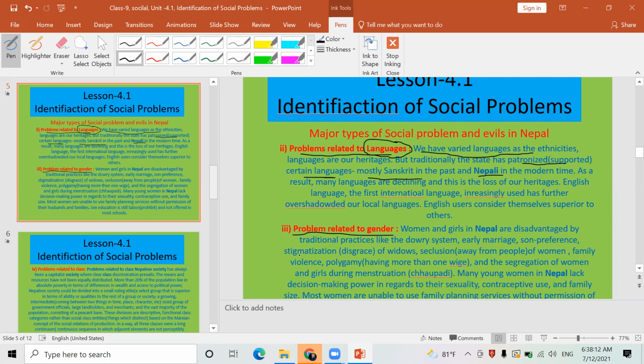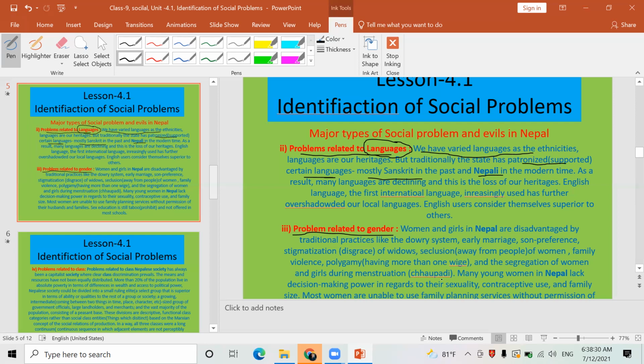What is stigmatization? It means disgrace of widows, seclusion of women away from people, family violence, polygamy, having more than one wife, and the segregation of women and girls during menstruation, Chhaupadi.